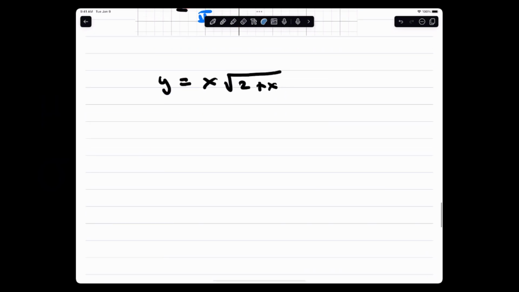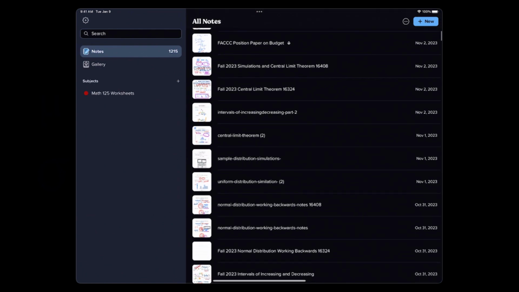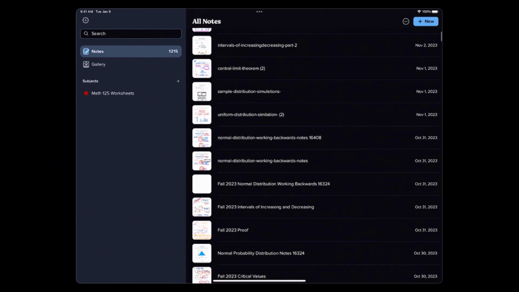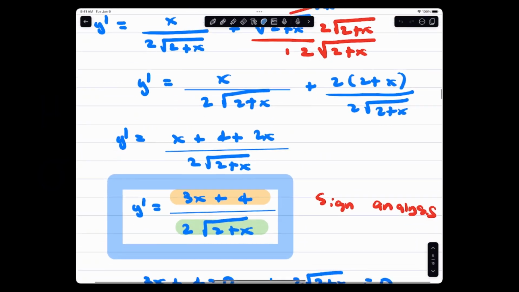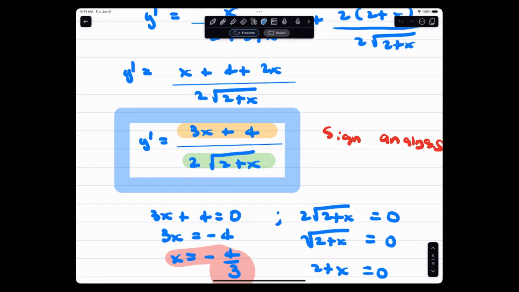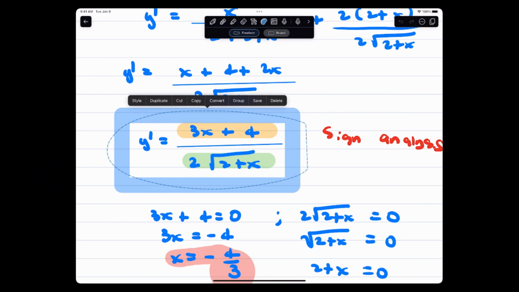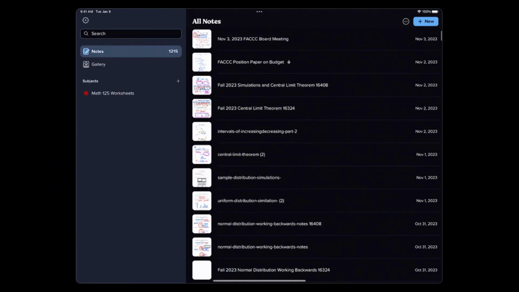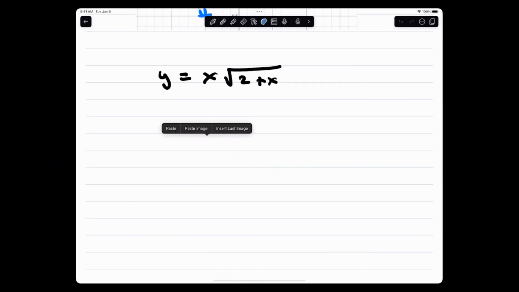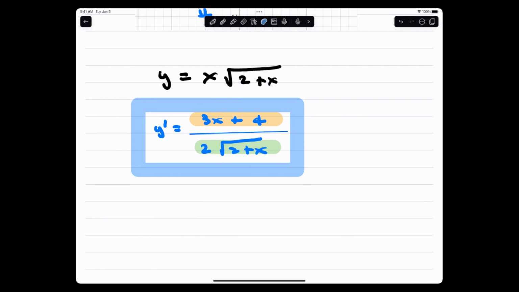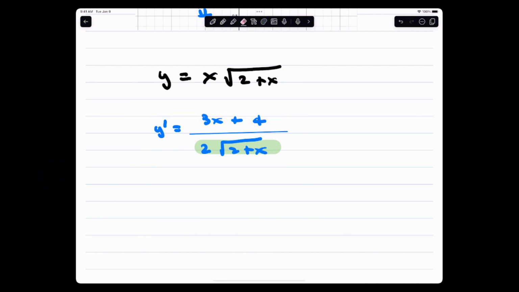Okay, what was the first derivative? Right here. Anybody remember the domain on this one?